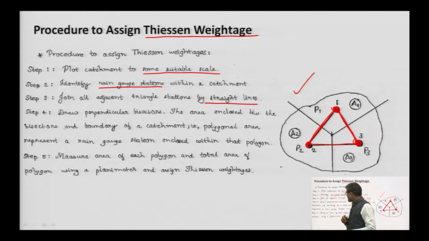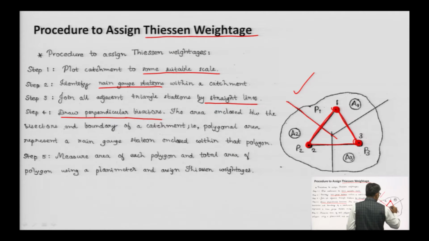The next step, step number 4, is to draw the perpendicular bisectors. We need to draw the perpendicular bisector like this one on the line joining stations 1 and 2, and similarly the perpendicular bisector on the line joining station 1 to 3.